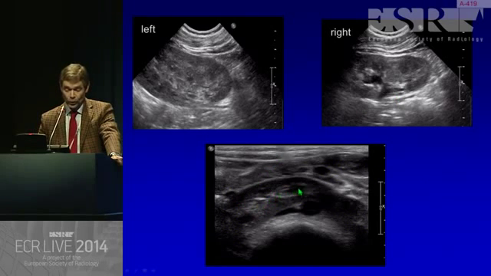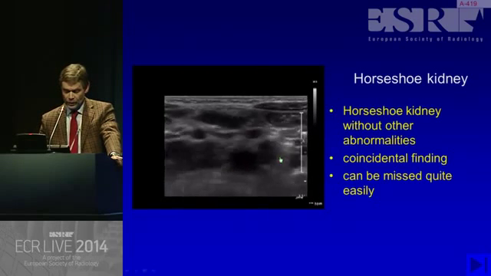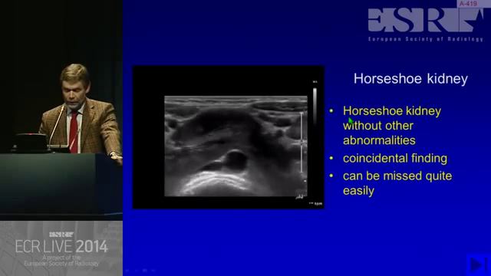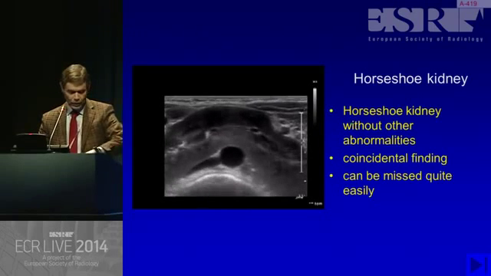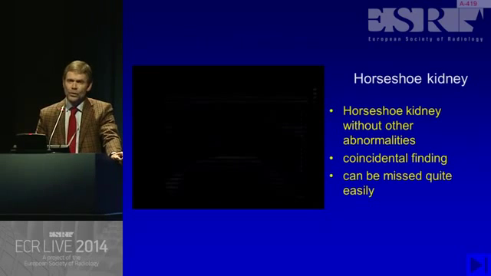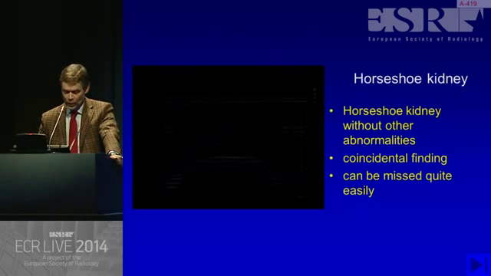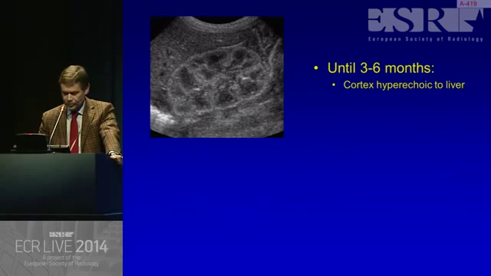And once you look at that from the ventral side, it's quite easy. This is duodenum, which is normal. Then we go down. And there it is. You can't miss it. But you should be aware that sometimes you can find it by chance, but you also can miss it very, very easily, horseshoe kidneys, although it looks so obvious.